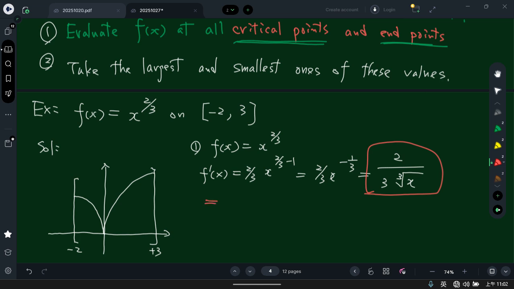Then we can conclude that when s is equal to 0, because this is a cubic root, right? So s is equal to 0 will cause f prime x to be undefined, right?